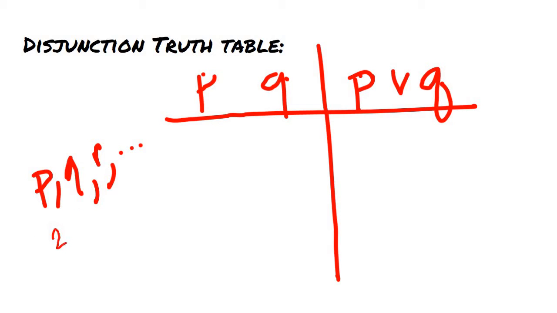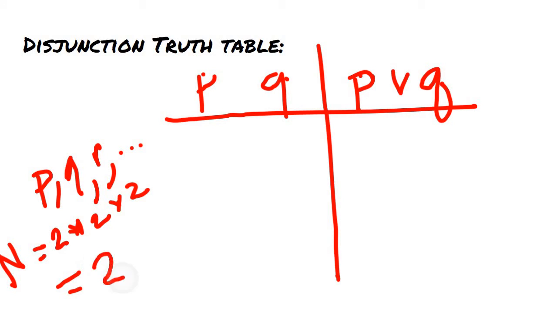This would be 2 times 2 times 2, n times. So the formula for the number of rows is 2 raised to the n, where n is the number of propositional variables.